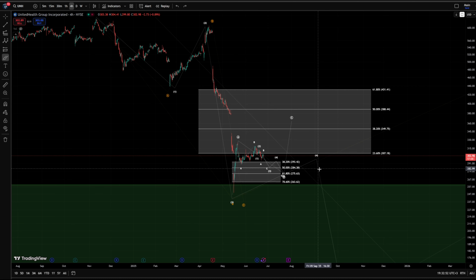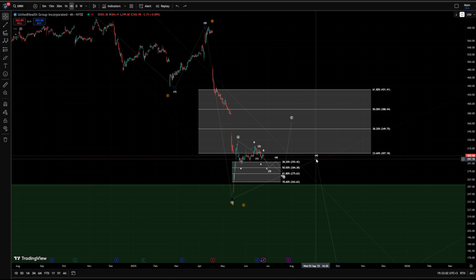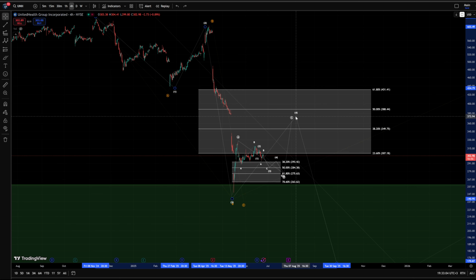Well, I drew more waves than needed for the triangle, but you get the idea. We could consolidate in this region and make lower highs and higher lows at the same time, and then go lower in price.